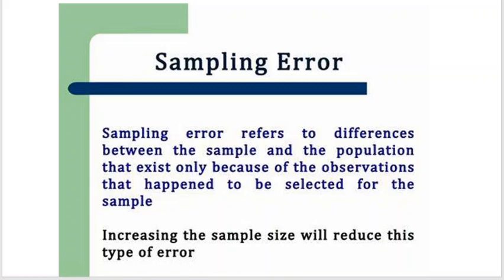So when the scores on the stress scales, or whatever you're handing out, do not match the population, then you can say that there's been sampling error. When there is low sampling error and the sample accurately represents the population, then the results of the study may claim to have high generalizability.